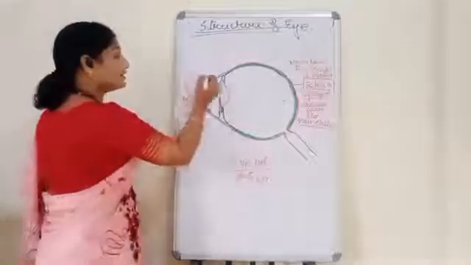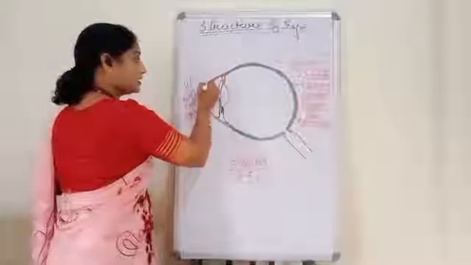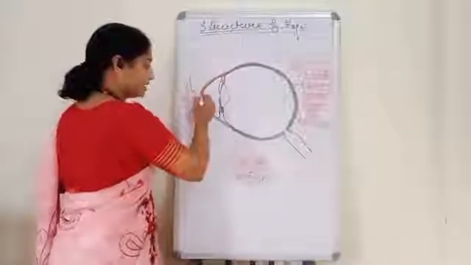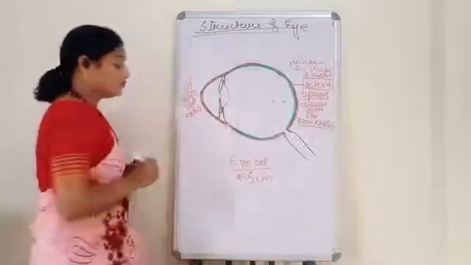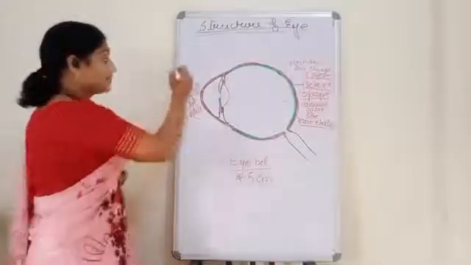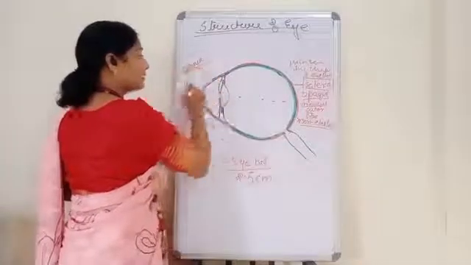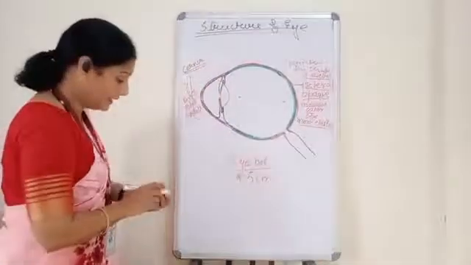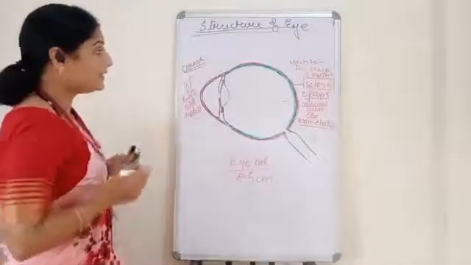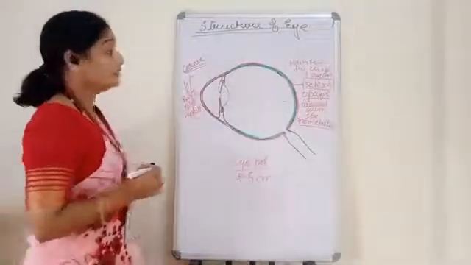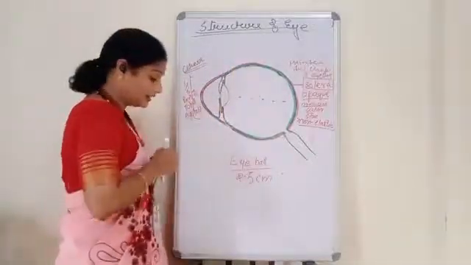In the front side, this black portion, which I am coloring with a red one, in the front side, that is the 1/6 part of the eye, is called the cornea. Then I'll tell you the detail afterwards. Then we come to the second portion, the black color structure I have made, children.